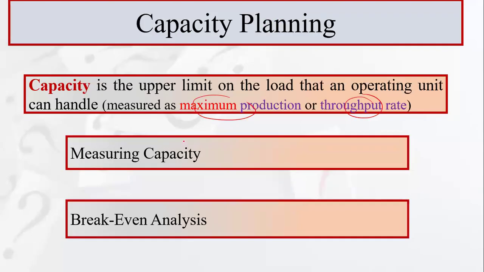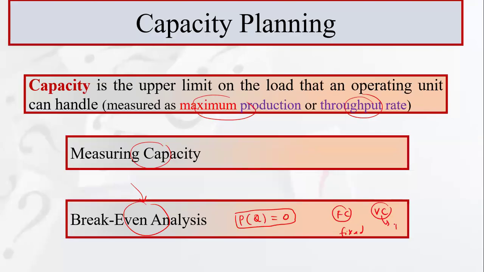Okay, measuring the capacity, trying to understand the break-even analysis. That means, when are you getting your money back? Where the overall profit equals 0. So at the beginning, you are investing in the fixed cost, the machines you are buying or renting. That is called fixed cost. And then you're buying direct materials and direct labor.